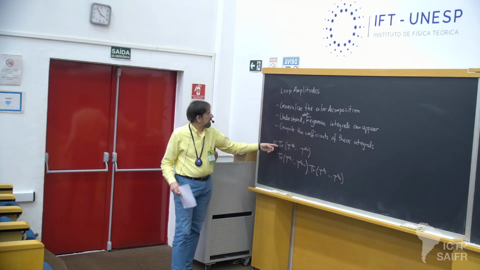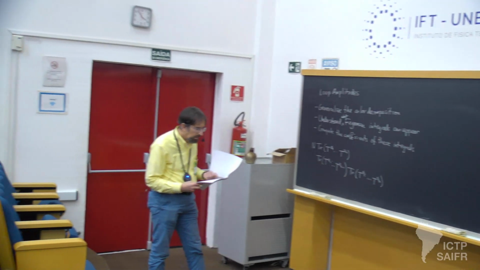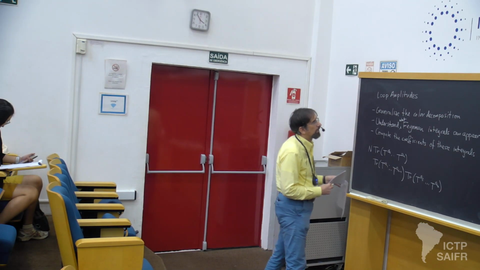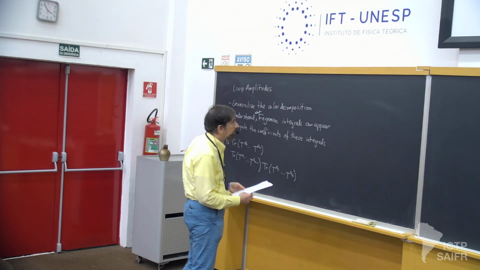And this color structure is called the leading color structure. The others are called subleading color structures.